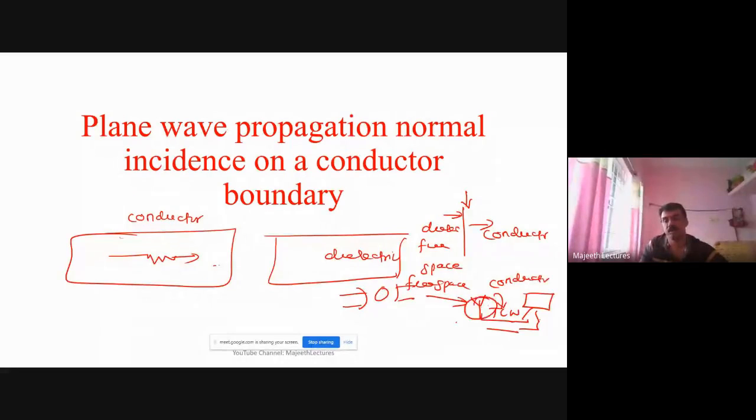What happens here? That's what we are going to study. In this location, the antenna is a conductor and outside is free space. What is the nature of wave propagation when it is normally incident on a conductor boundary?